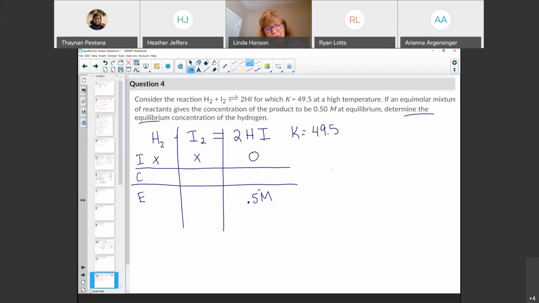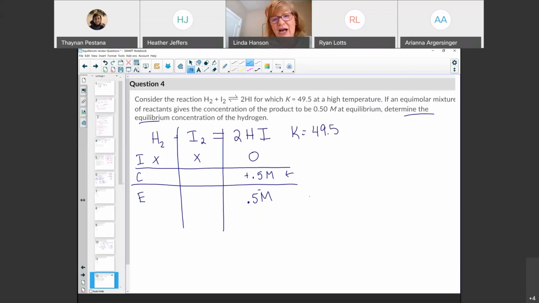What can I figure out first based on the knowledge that HI initially is 0 and at equilibrium it's 0.5? Well, what I can determine there is the concentration increased by 0.5 molar. I can determine this just by subtracting. If I started with 0 and ended with 0.5, it changed by 0.5 molar. And what else I can do is figure out the change based on stoichiometry for the H2 and the I2.